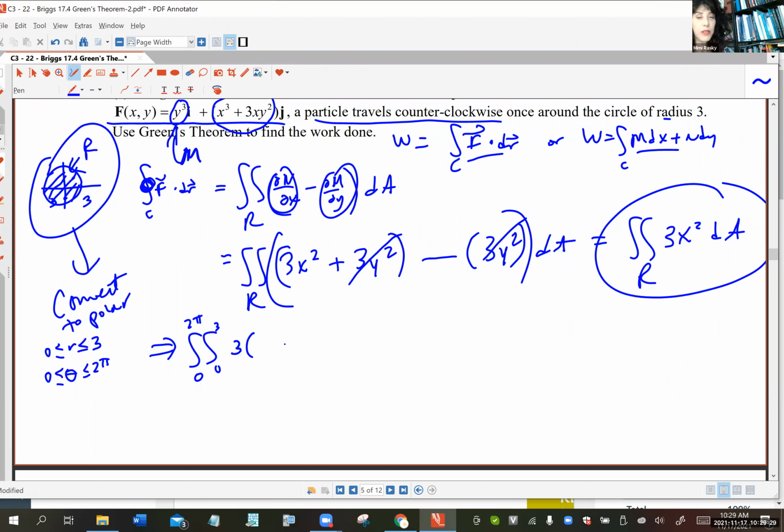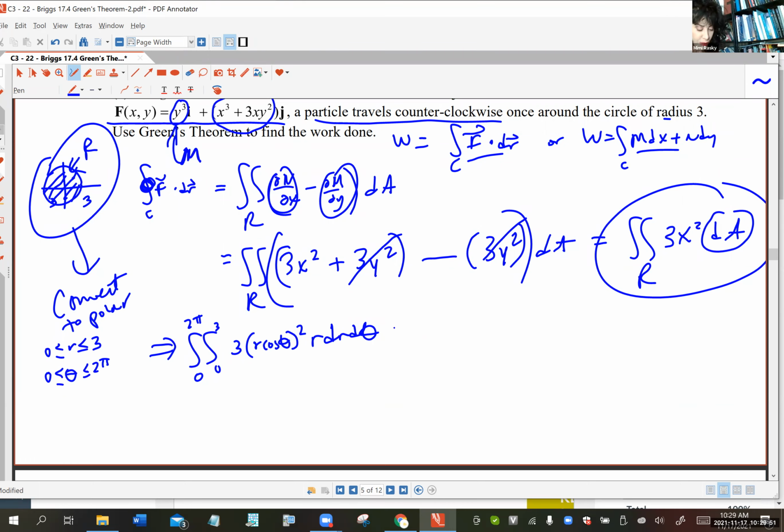And then, of course, we use one of the conversion formulas. x is r cos theta, so we'll have r cos theta squared. And then remember, the area element for polar is, be a pirate, r. r. dr d theta. r. There we go. Yeah, that's the ticket.